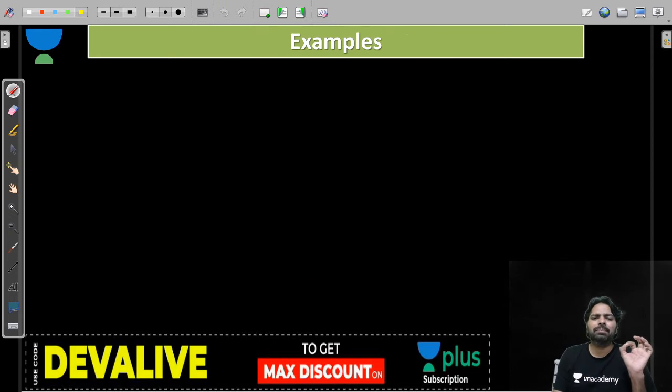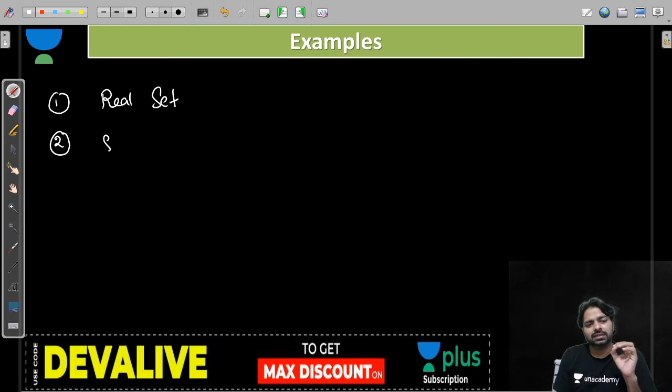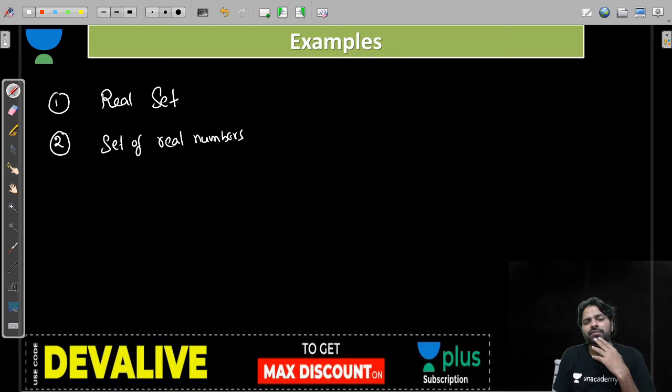And you want more examples? Real set is uncountable. And not only that, the set of real numbers between any two different numbers is uncountable, for example between 0 and 1.